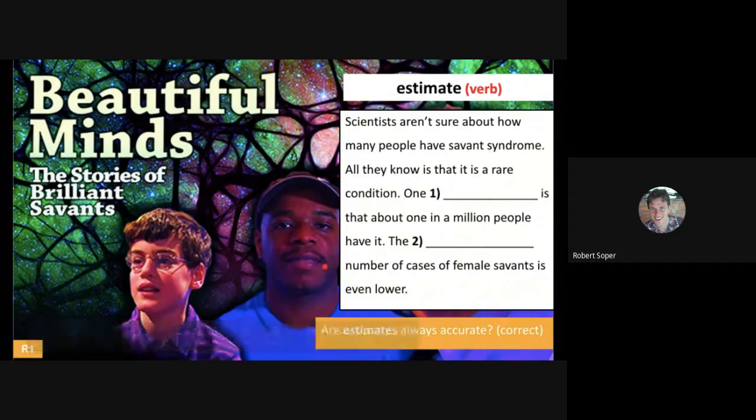So before we move on, let's consider this. Are estimates always correct or always accurate? Basically the same thing.